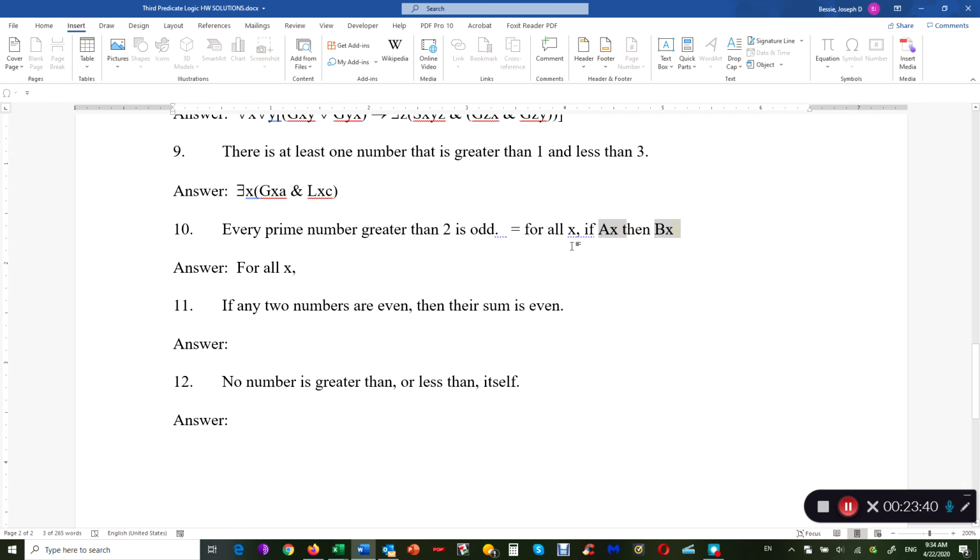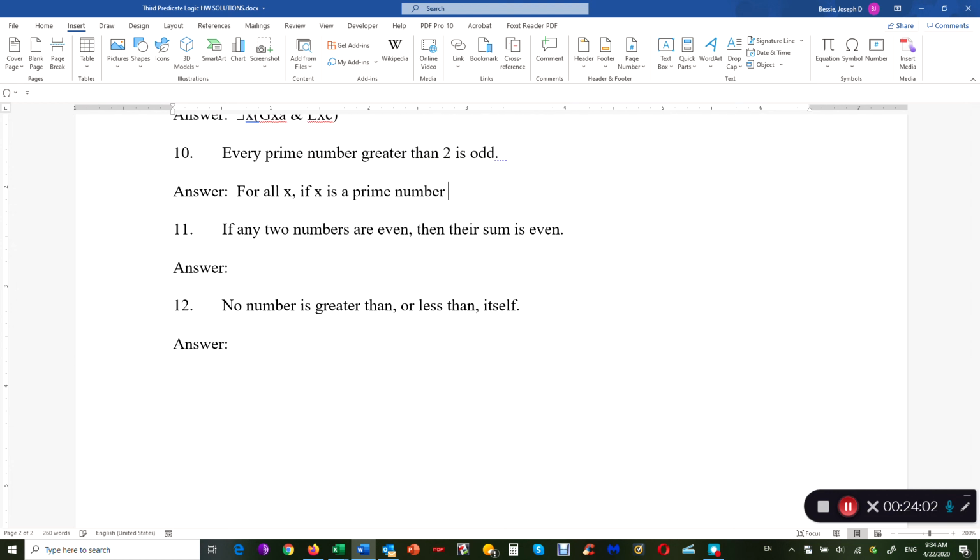If one thing is true about X, then another is true about X. In this case, what we're saying is, for all X, if X is a prime number greater than 2, then X is odd.